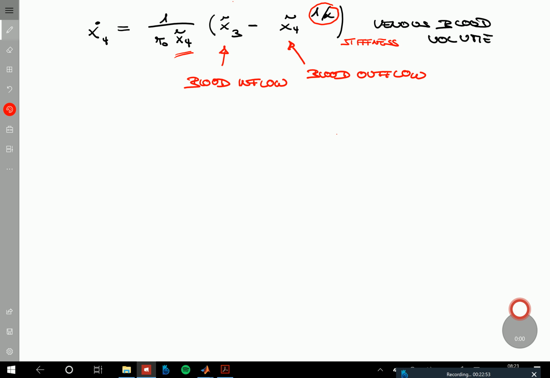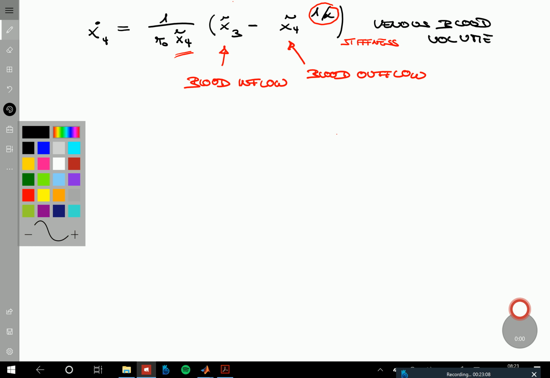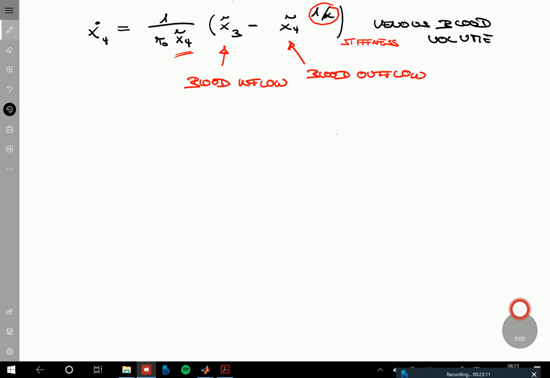It's the time constant for this entire process, so that's why they interpret it as the mean transit time of blood through the venous compartment. At this point I mainly rely on what people wrote about it. I haven't really studied these equations in any further depth.